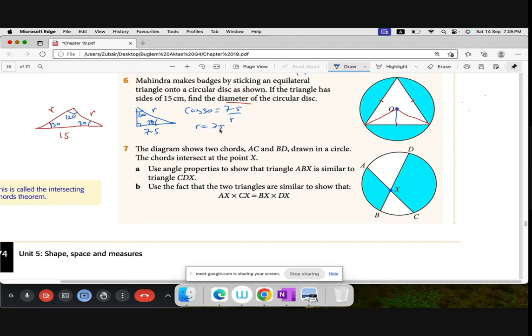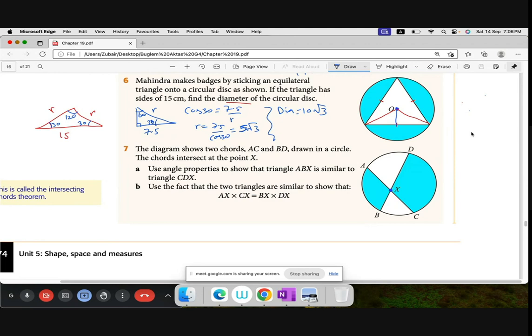R is equal to 7.5 by cos of 30, and we get 5 square root 3. So the diameter would be 10 square root 3. Clear?